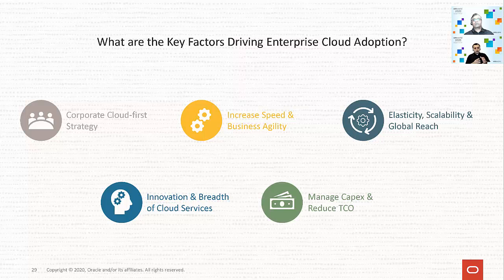Now, they are talking about data center consolidation. They are talking about minimizing their on-prem footprint to reduce TCO, to start enjoying the benefits of cloud. They are also looking to enhance their innovation efforts by utilizing all the breadth of cloud services that are available by a number of cloud service providers, and Oracle being right up there on the list as well.